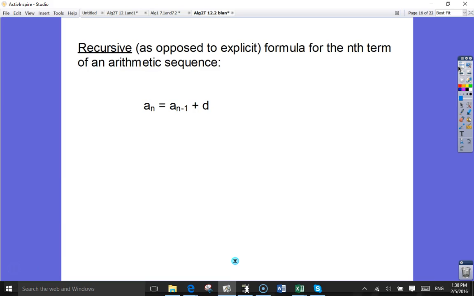What do you think is the term right after A_n? A_(n+1), right? So these subscripts are just telling you relative positions of the terms in the sequence. So any term in an arithmetic sequence is the term before it plus the common difference. Makes sense, right? That's what we've been doing.